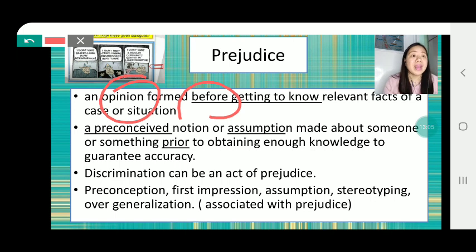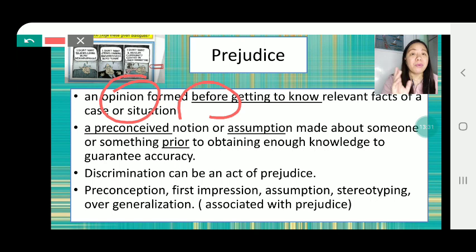So, nagbibigay ka na agad ng opinion mo, ng haka-haka mo, ng masasabi mo. That's prejudice. If you remember the Eat Bulaga contest about bawal ang judgmental, yon. So, nagpo-form ka na agad ng pag-judge, ng opinion, ng masasabi sa isang tao, sa isang sitwasyon ng hindi mo pa nakikilala or hindi mo pa nalalaman ang katotohanan or factual information.